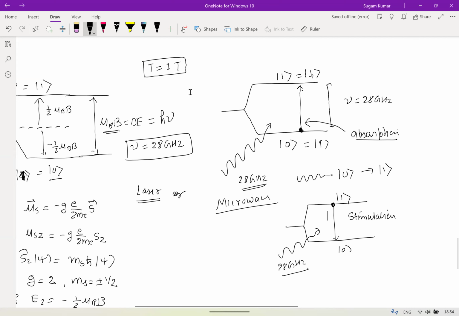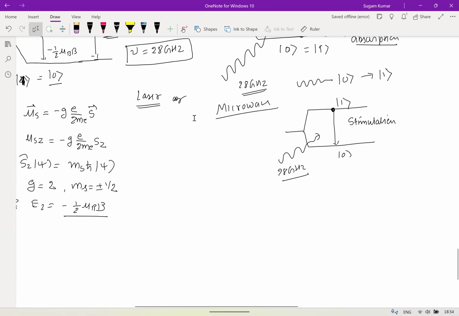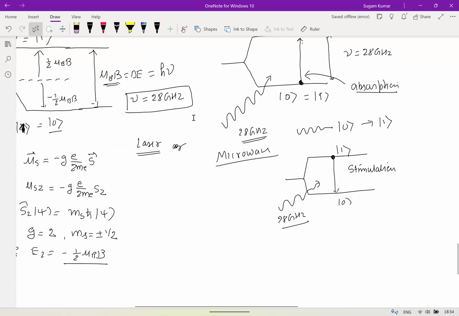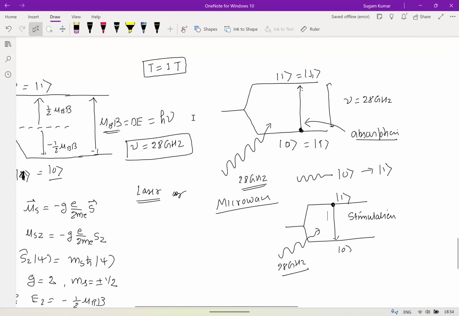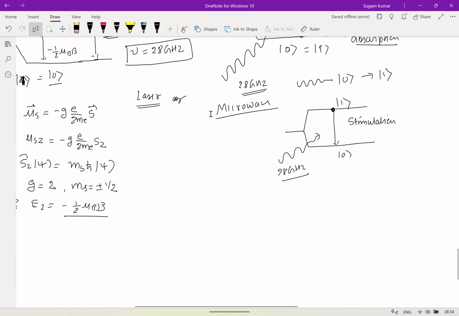And Einstein did a thorough study of emission, absorption and stimulation, all. And he came to the conclusion that if you look at the probability of getting the 1 state, when the electron will go from 0 to 1, you can go to the mathematics and theory.